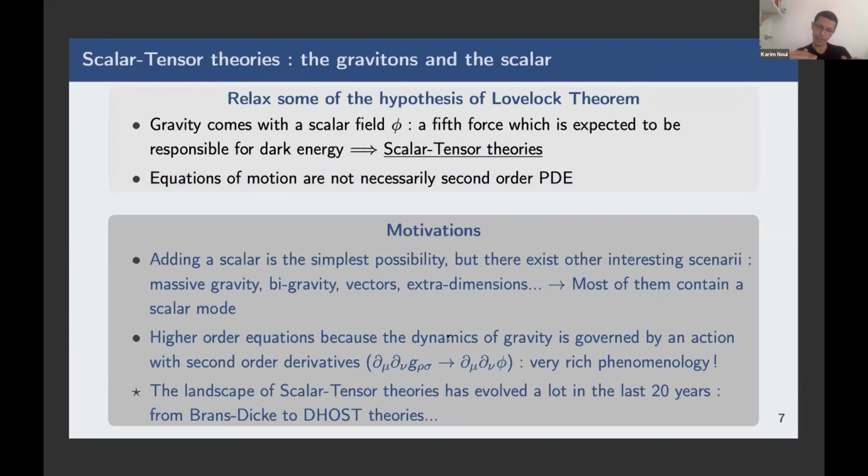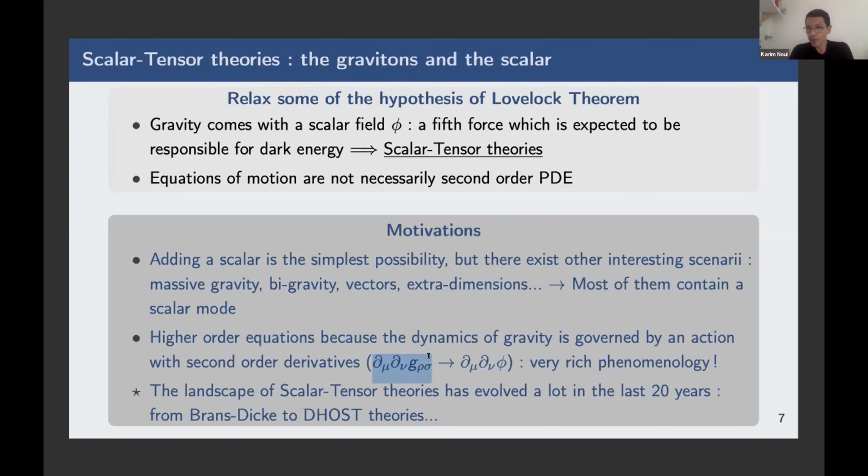If we look at general relativity, the action is described in terms of the Ricci scalar, and the Ricci scalar is in fact constructed from second derivatives of the metric. Of course, the Ricci scalar can be given by the first derivative of the Christoffel symbols, and the Christoffel symbols are first derivatives of the metric. So somehow you have second derivatives of the metric in Einstein's theory of gravity.